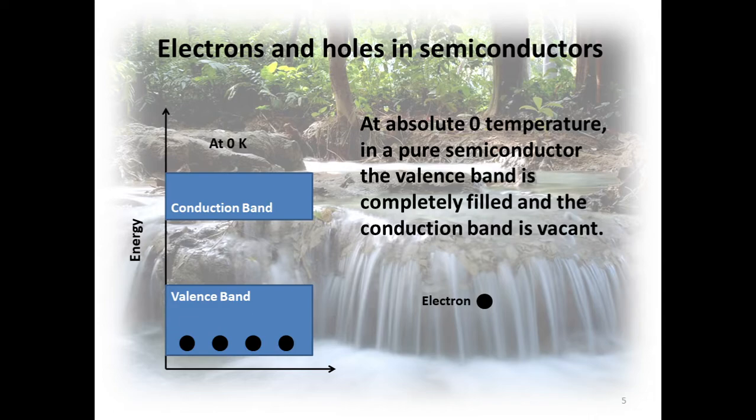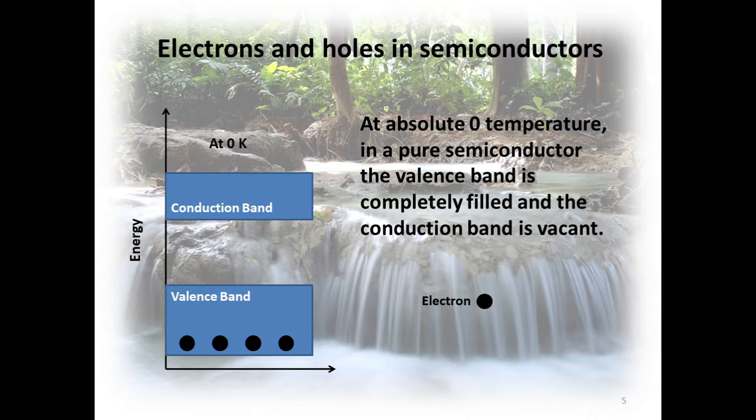We will go for the electrons and holes in semiconductors. As all of you know, the energy levels in solids are in the form of bands, the valence band and the conduction band. At zero temperature, in a pure semiconductor, the valence band is completely filled and the conduction band is empty.